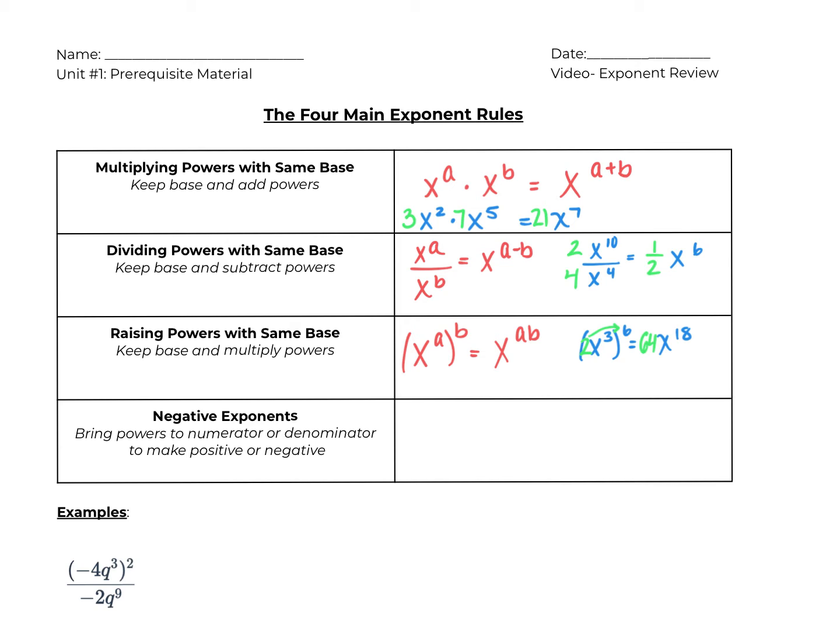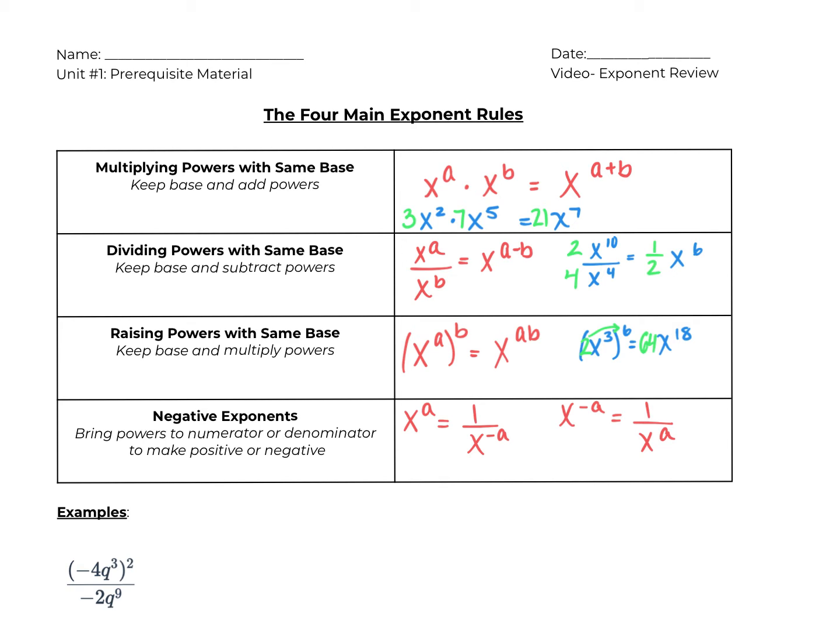And then last but not least are negative exponents. When we have a negative exponent, we bring the powers to the numerator or the denominator to make them positive. So the rule is x to the a is equal to 1 over x to the negative a, or x to the negative a is equal to 1 over x to the a.